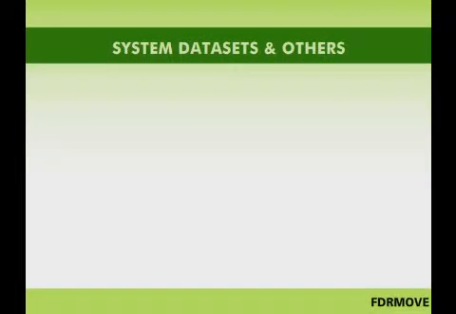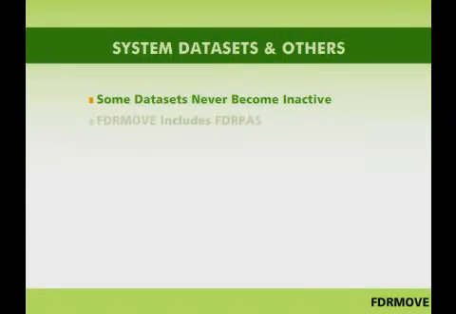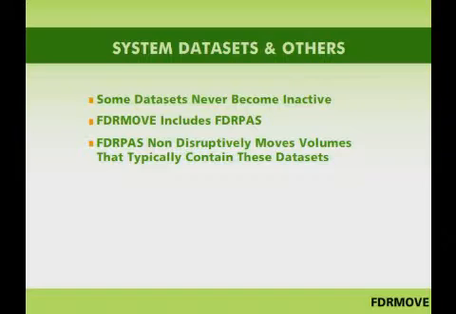Move and FASTMOVE allow you to move the majority of datasets that become inactive, at least for a short period of time. However, some datasets never become inactive. But again, this is no problem as FDRMOVE includes FDRPAS. FDRPAS lets you non-disruptively move the volumes containing these types of datasets to your new disk subsystem.